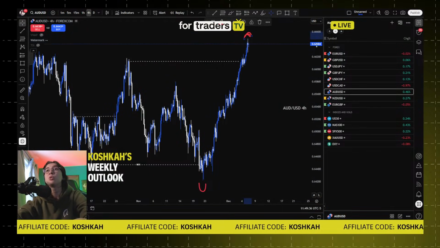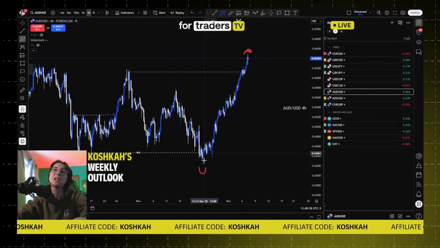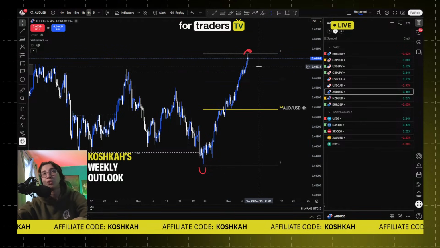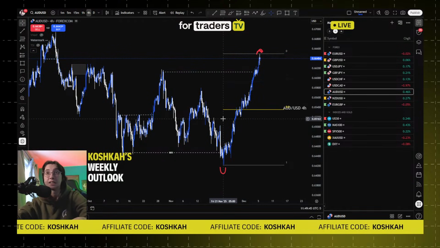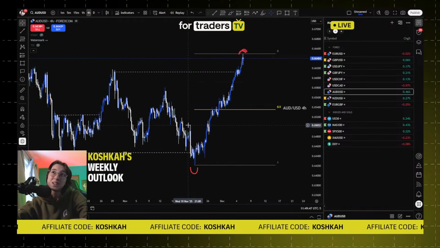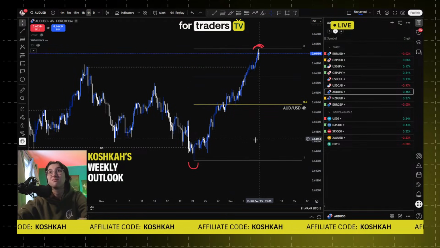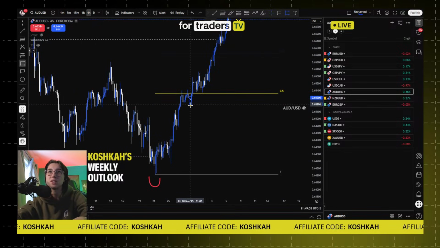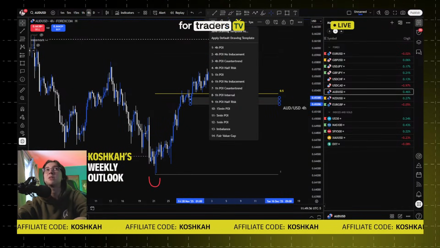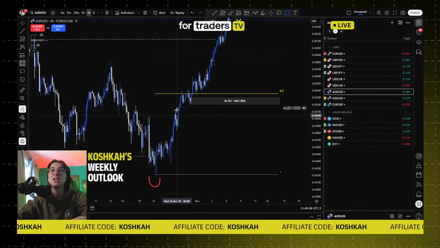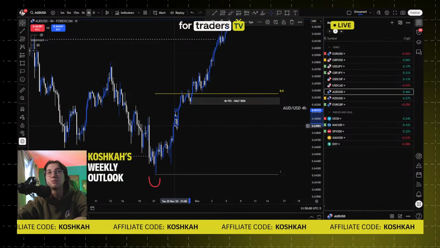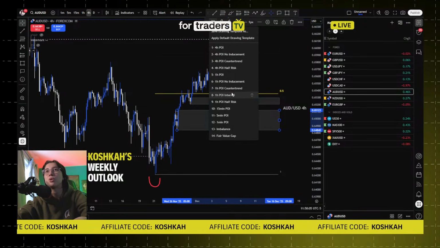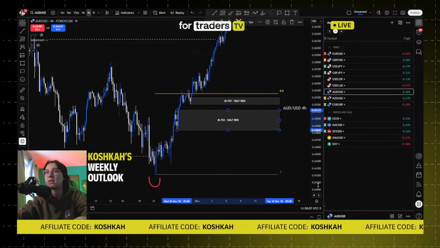AUD USD, we broke structure to the upside, but you imagine same problem as USD CAD. We have a really huge range. That's an incredibly big range. Technically you can add your POIs, but same thing, I would not risk much on those POIs, because by the time it comes back into the POIs, a lot of things would already have happened, and we don't really want to get caught in a reversal and look for opposite trend POIs.